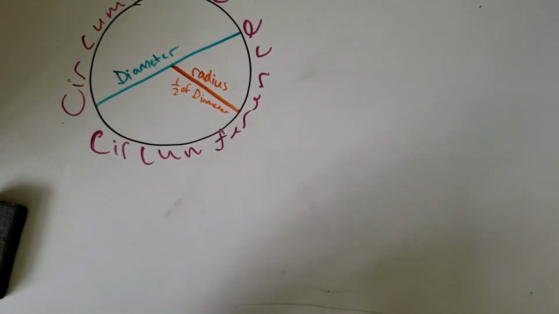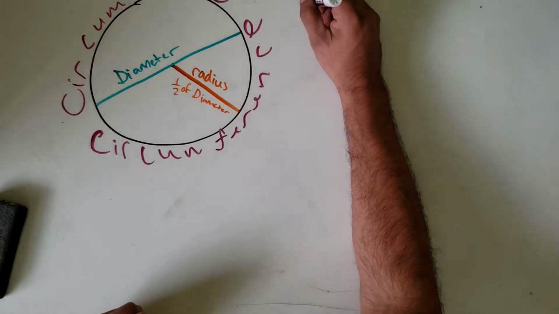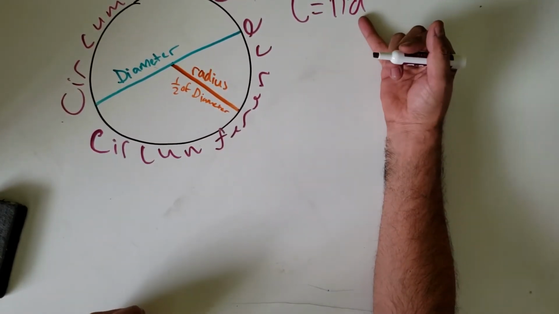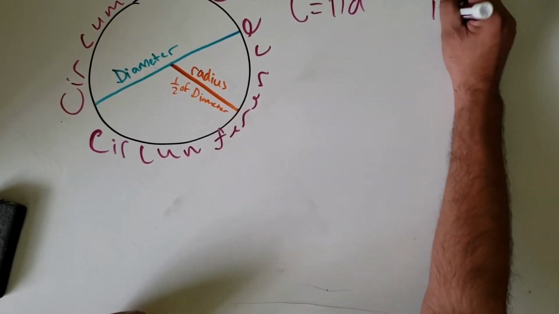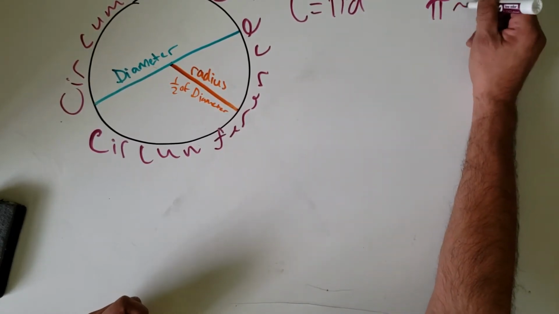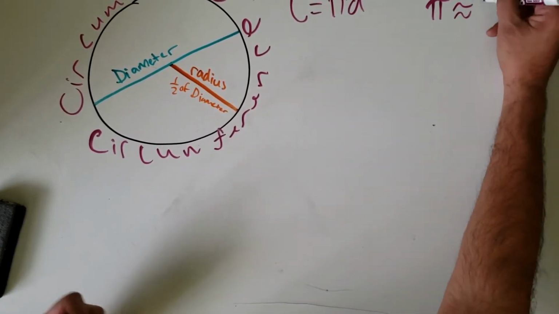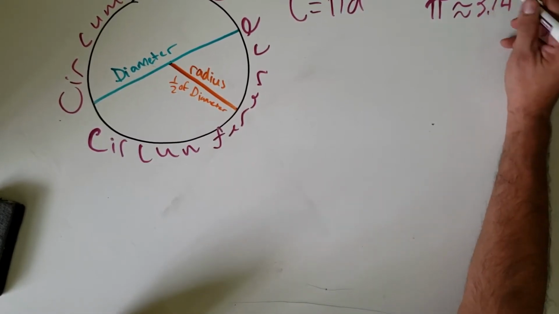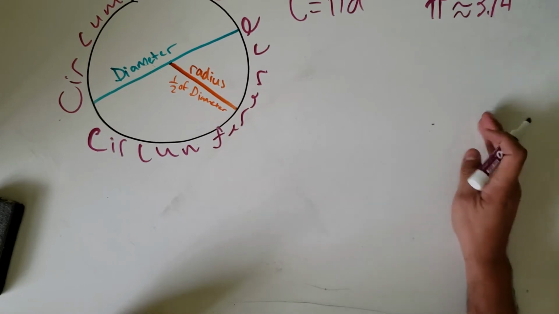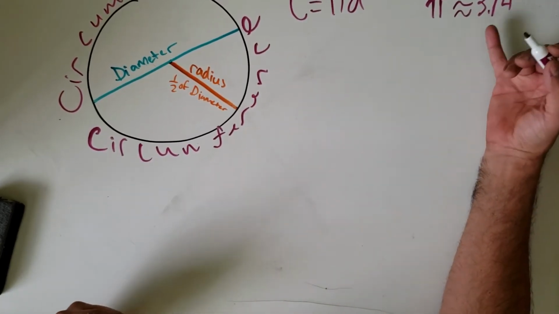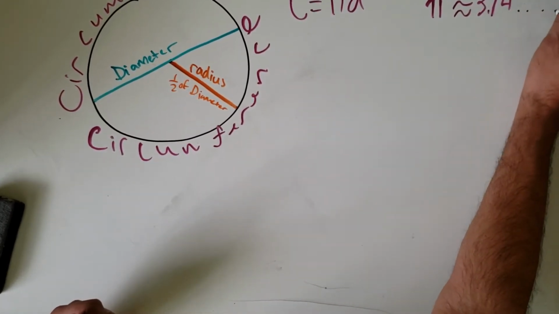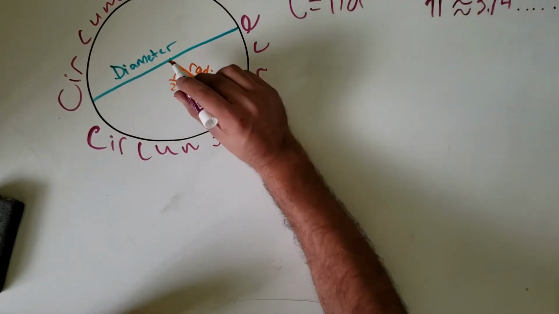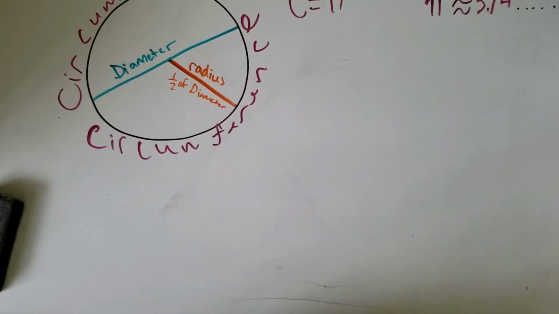And there are 2 formulas for the circumference. There was C equals pi d, where d stands for diameter. Pi, remember we're in 7th grade now, so pi is equivalent, not exactly, to 3.14. That number really goes on forever, so it never ends. D stands for diameter, so let's go ahead and color code everything.